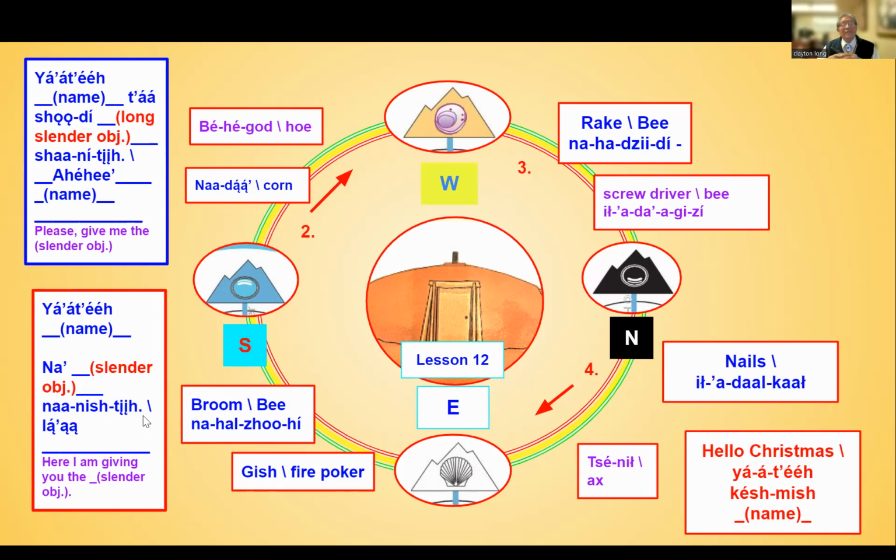I'll do another one with somebody. Next person I will do it with is Dex. Yeah, Dex. Ashwande, please. Ashwande. Nada. There you go. Nada. Shaanítįįh. Mr. Long. Na da na niste.